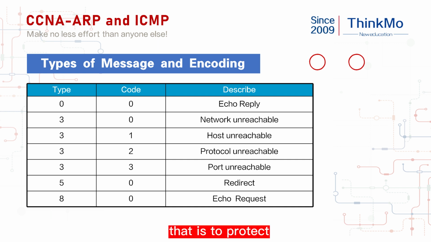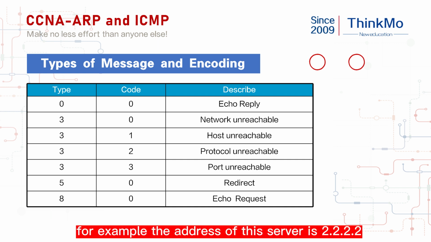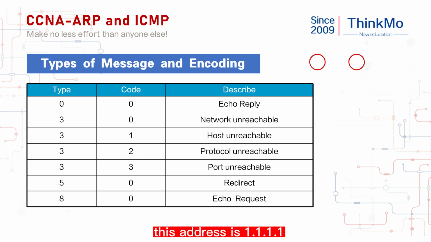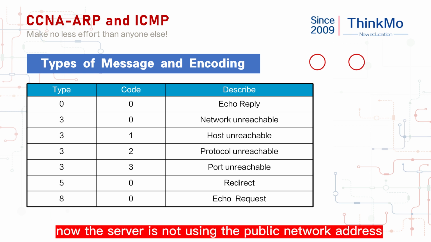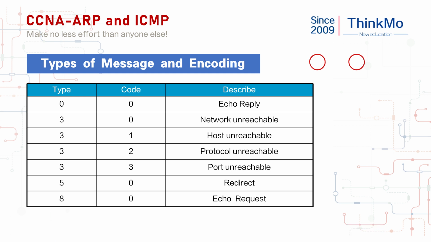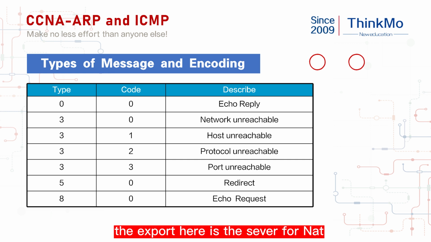For example, the address of this server is 2.2.2.2, and this address is 1.1.1.1. But in fact, the server is not using a public network address. It is a private network. The export here is the server doing NAT. The public network address is also used internally.